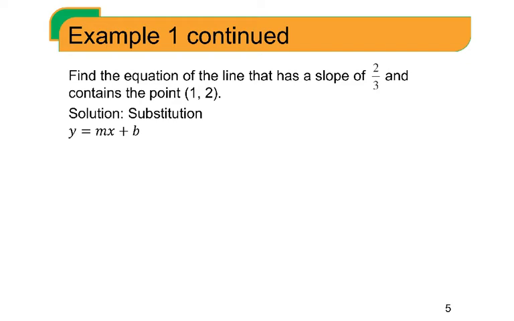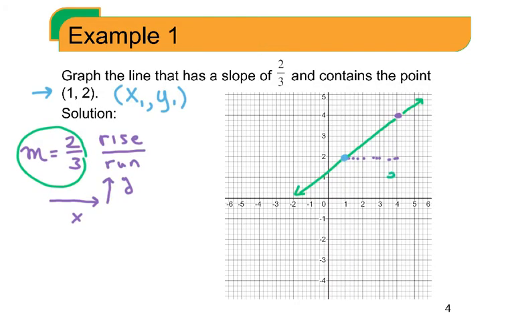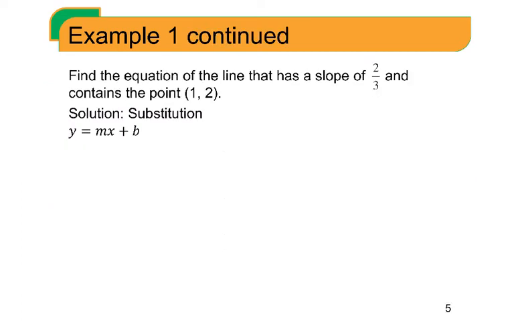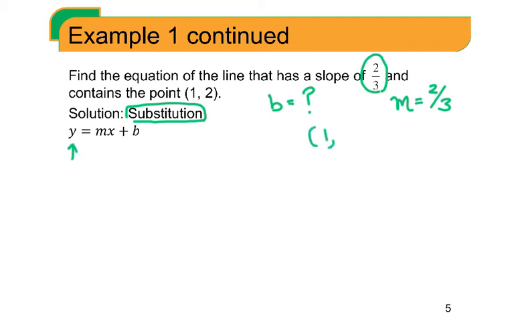Now we're going to find the equation of this line. It's hard to really see what the y-intercept is, and this is me drawing by hand, but we want to know what's the equation of the line. The first method is called substitution. We know what m is. We don't know what b is, but we can plug in values. We have this point (1, 2).